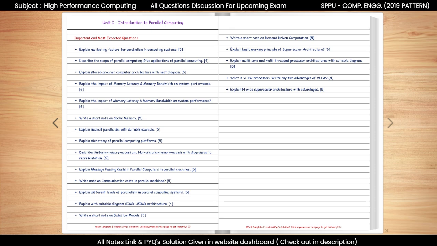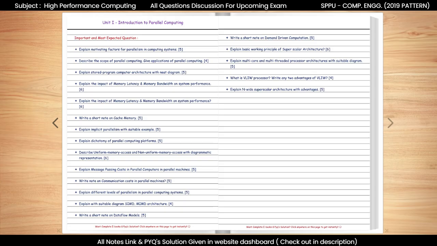Now, let us move on to our next important topic, multi-core and multi-threaded architectures. From this topic, we can expect questions such as, explain multi-core and multi-threaded processor architectures with suitable diagram. Multi-core processors contain multiple processing cores on a single chip, allowing true parallel execution.